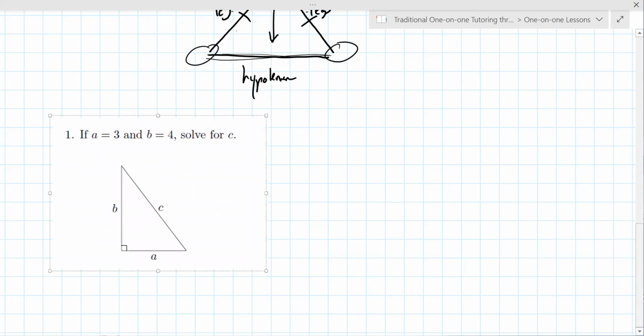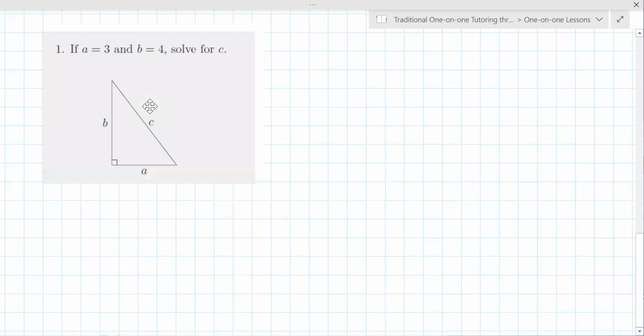And it says if A equals 3 and B equals 4, solve for C. Okay. So this is really 3, this is really 4, and we want to find the value of C. To do that, we're going to use what's called the Pythagorean theorem.